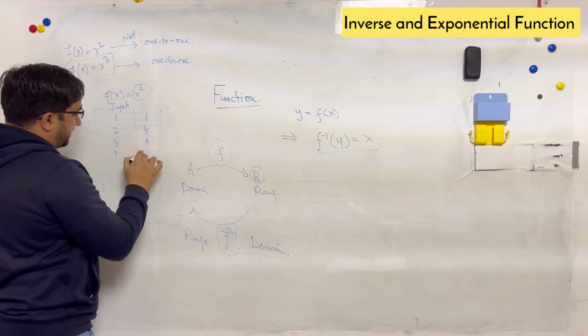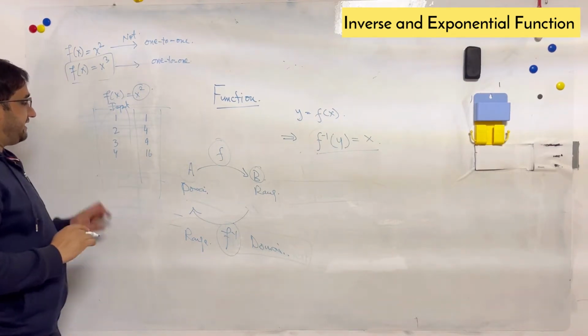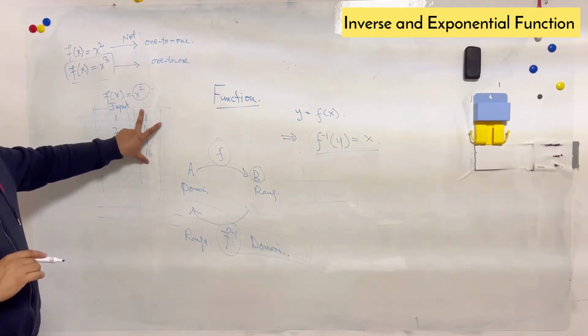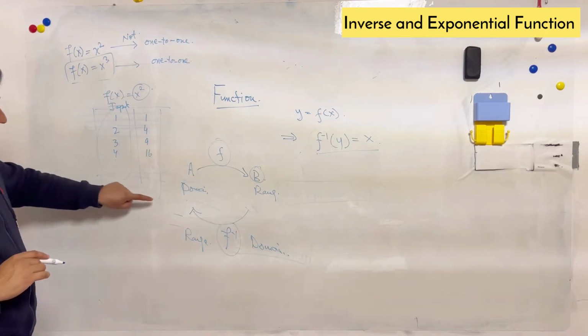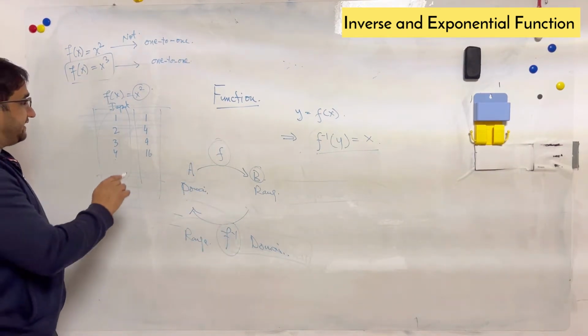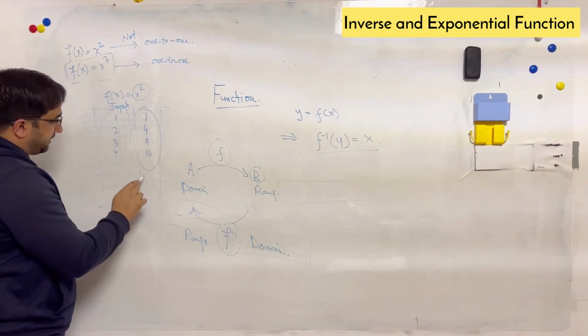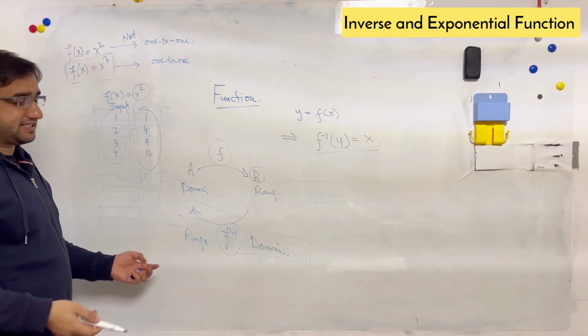So this column is the set of inputs for the function f, and this column is the set of outputs. But when you calculate f inverse, you start from there and go to here, just in reverse order.